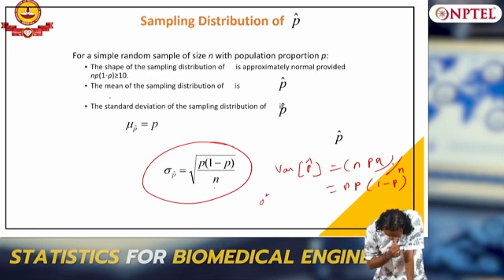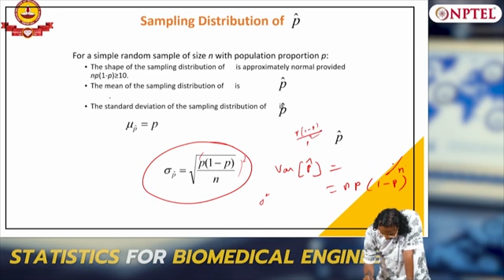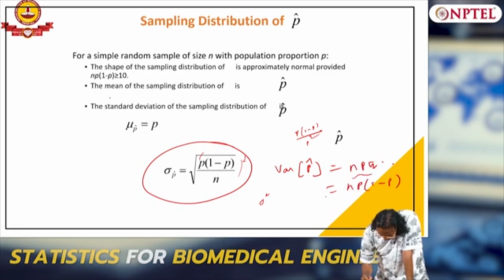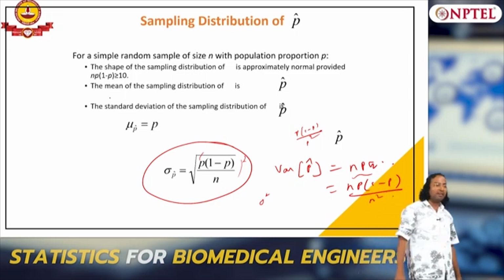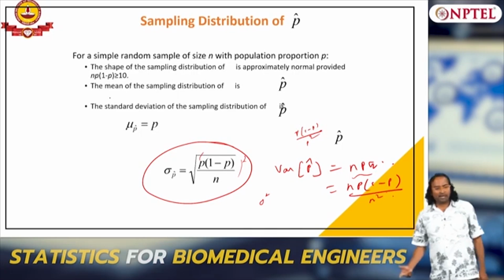If I take a square root, p into 1 minus p by n squared. So this is sigma squared by n, right? So this is NPQ. I will have to derive it. I don't know whether I am making any mistake. So from this part, n squared should come somewhere. That is where the challenge is. I will have to check. But this is simply from the binomial distribution idea, variance of p hat.